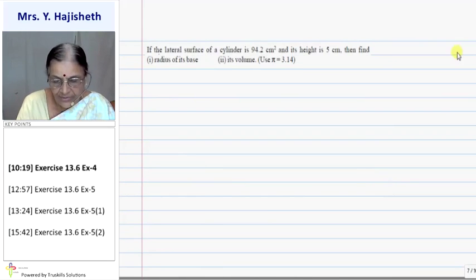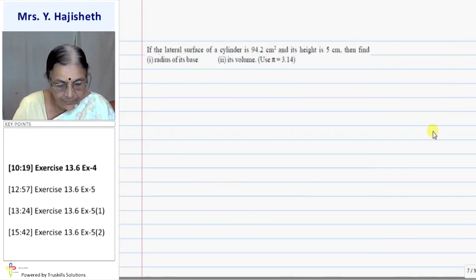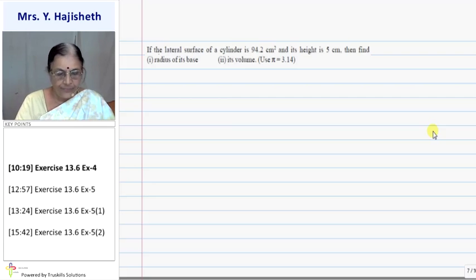Now, if a lateral surface area of a cylinder is given as 94.2, lateral surface area is 2 pi RH and its height is 5 centimeter, okay? So height is given and curved surface area is given and you are asked to find out radius. Pi should be taken as 3.14. You are asked to find out radius of the base and its volume, okay?